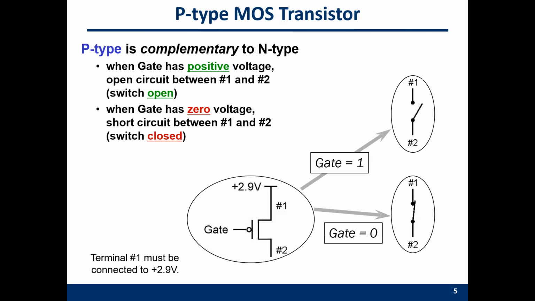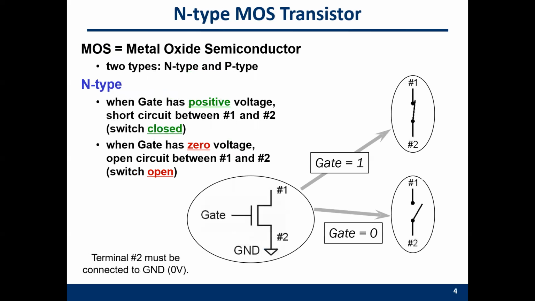The other type of CMOS transistor is the PMOS. You can see it's very similar to the NMOS. There are two differences. The first one is that if you apply a 1, it's open, there's no electricity. If you apply 0, then it's closed. This is the first difference, because for the NMOS, if you apply a 1 it is closed, and if you apply 0, this is open.